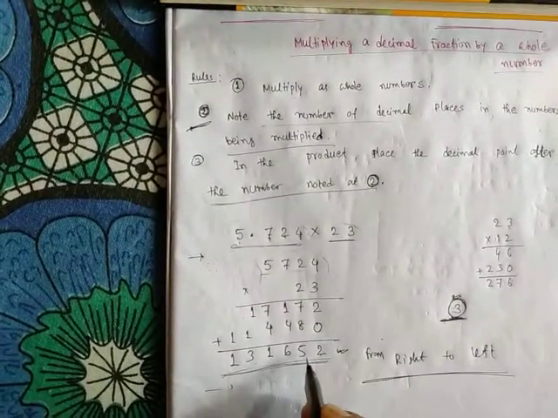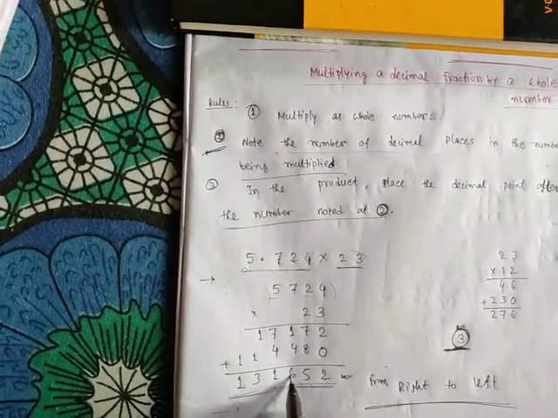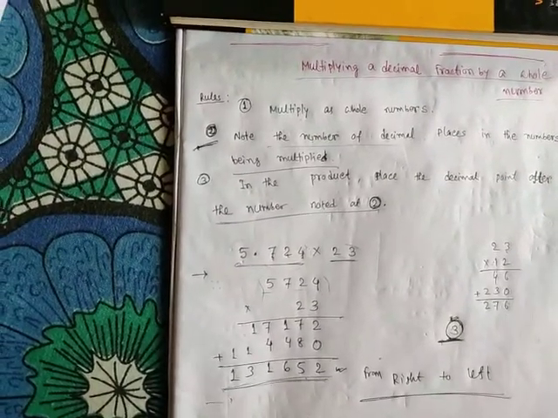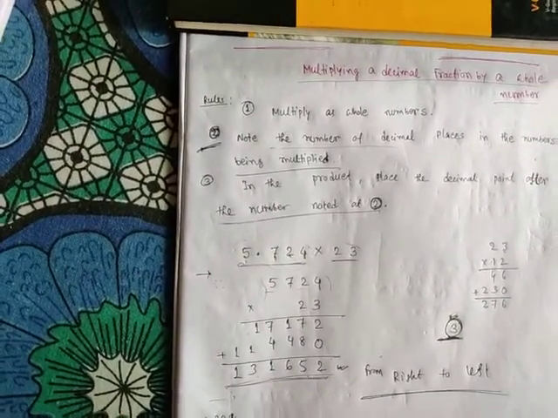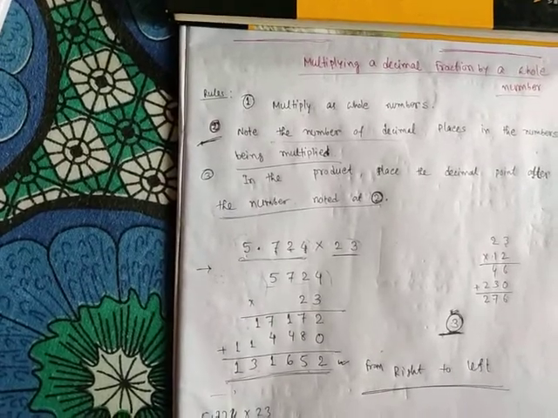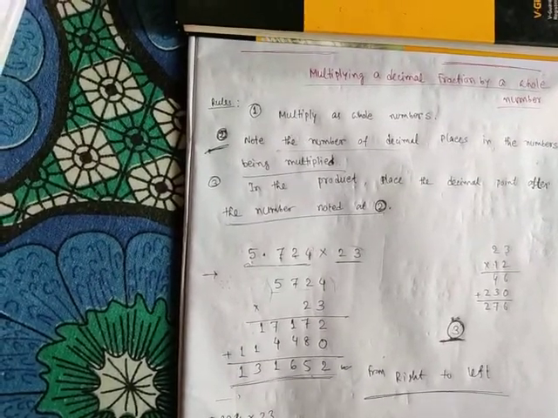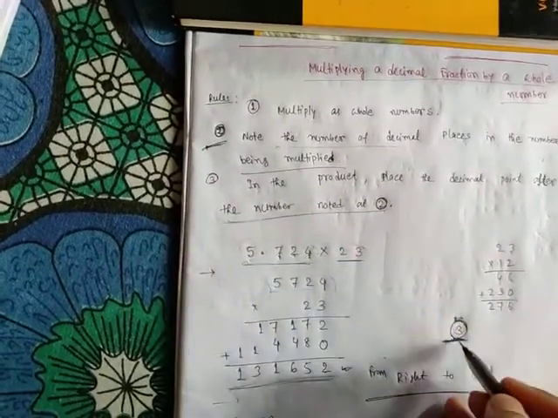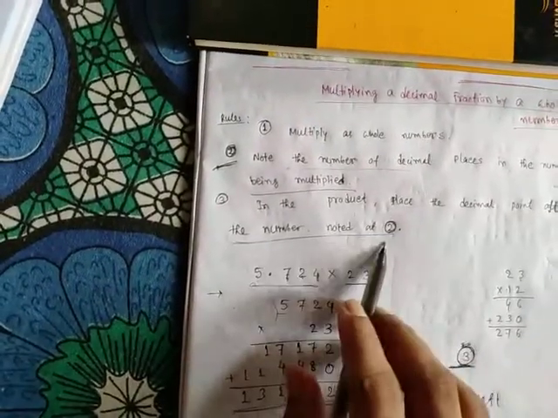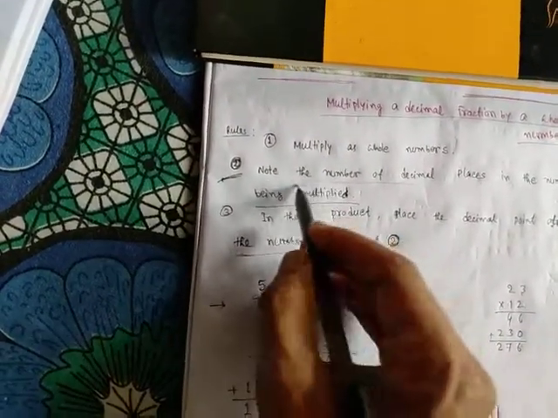So 1, 2, 3. The answer will be, that means 5.724 into 23 is equal to 131652. Now you have to place the decimal point after the number noted at 2, with the help of this rule.